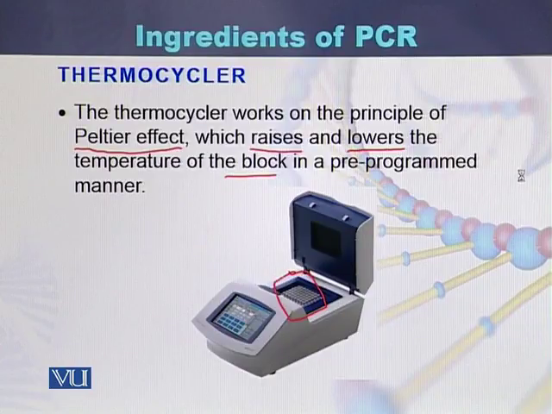In a PCR machine, or thermocycler, a program is entered, and once the program is entered, we keep the tubes into the block, and the thermocycler increases and decreases the temperature as we have entered into the machine.